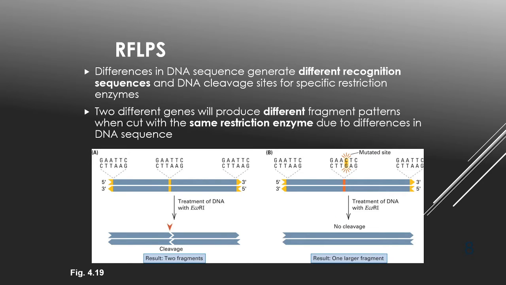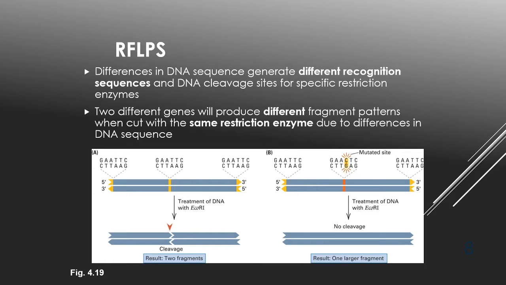Differences in DNA sequence generate different recognition sequences and sites for specific restriction enzymes. Two different genes will produce different fragment patterns when cut with the same restriction enzyme due to differences in the DNA sequence. So in the picture below, you can see this DNA treated with EcoRI. This DNA has three restriction enzyme sites that EcoRI can cut.